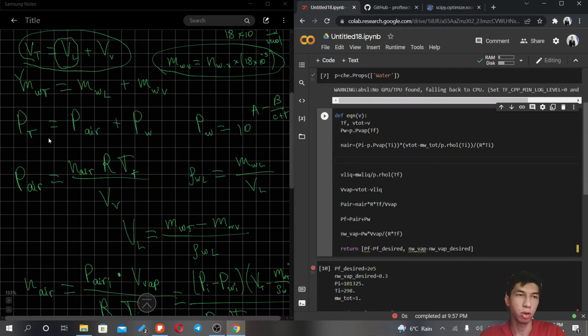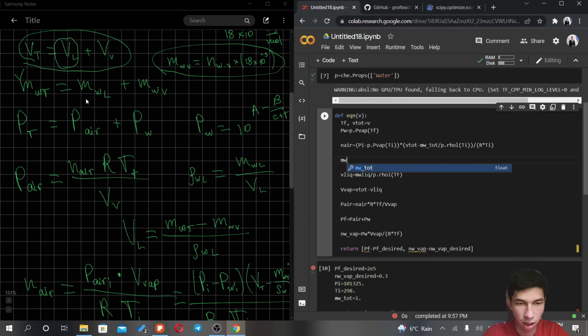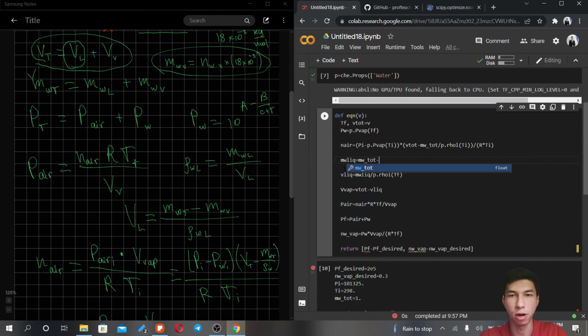So when we look at this equation for the total mass, we know that the mass of the water in liquid state would equal the mass of the water total, subtracted by the mass of the water in vapor phase, which is the amount of the water in vapor state multiplied by the molecular mass of the water.